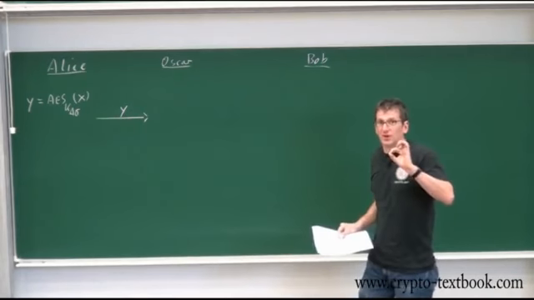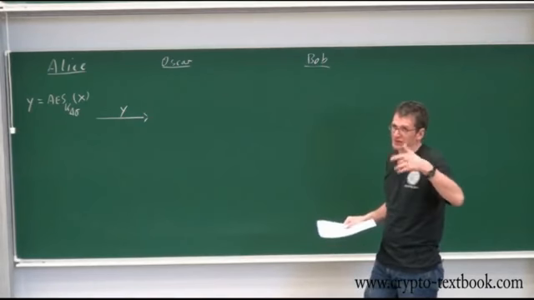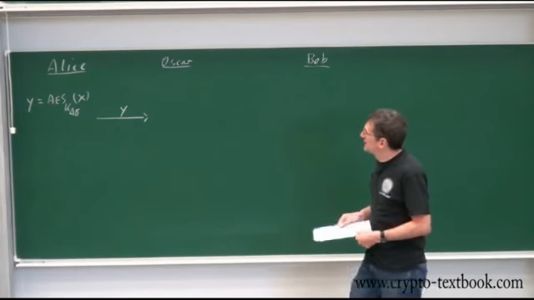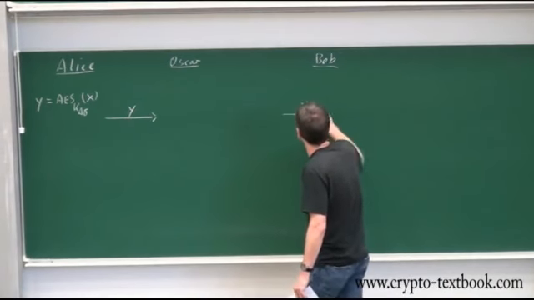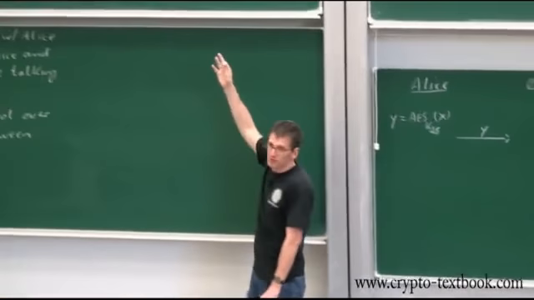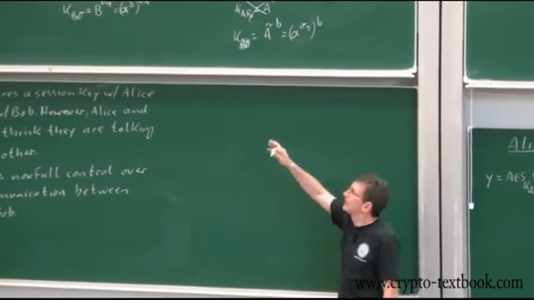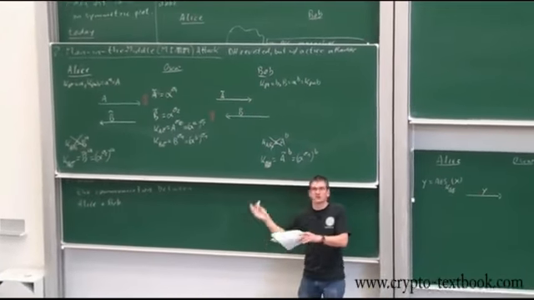And Oscar has to be very alert, aufmerksam. If Y would arrive here, decryption wouldn't work. Oscar would try to decrypt using KBO, and decryption wouldn't work.